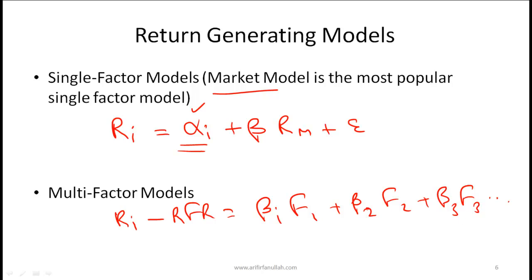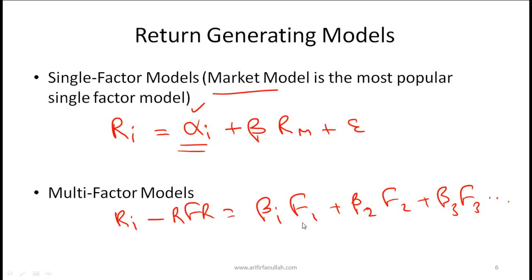We could also have 4-factor models, and essentially what these models are saying is the following: the expected excess return over the risk-free rate depends on several factors and the betas, or the sensitivities, of those factors.